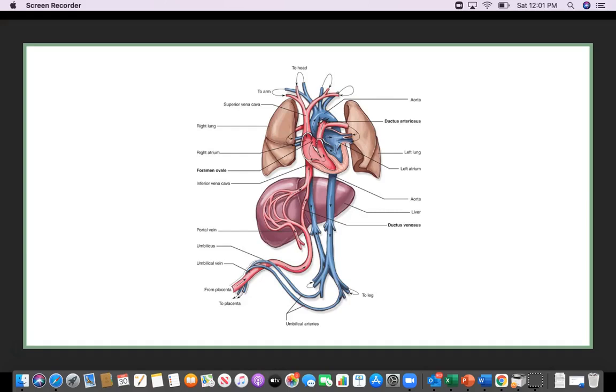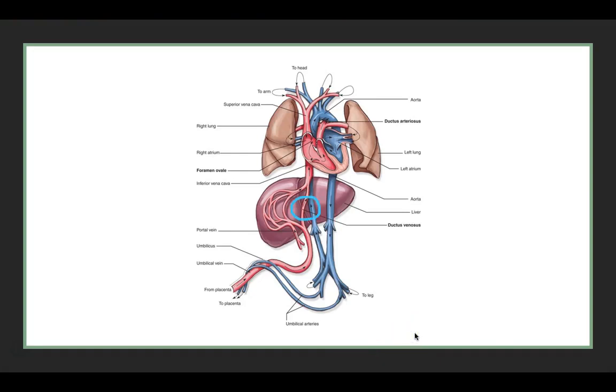The oxygen-rich blood goes through one of two extra connections in the fetal heart that will close after the baby is born. There's your ductus venosus.